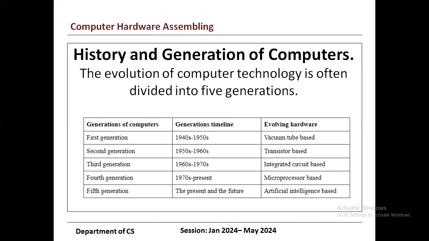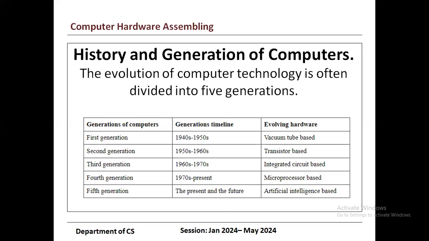Computers evolved over a long period of time, starting from the 16th century, and continuously improved in terms of speed, accuracy, size, and price to become the modern day computers. The different phases of this long period are known as computer generations.